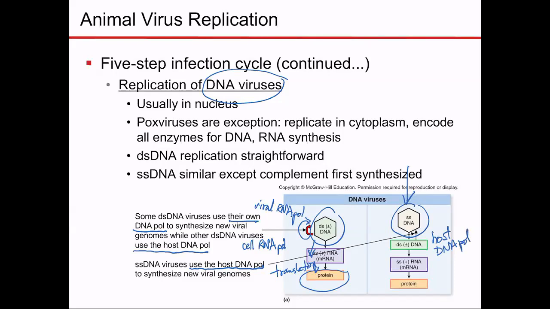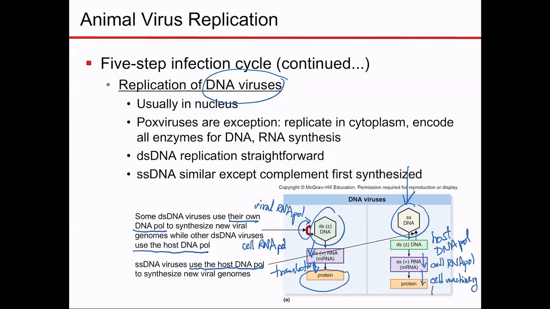And then, of course, the virus also will use the cell RNA polymerase to transcribe the viral messenger RNA. And at the end, it's going to use the cell machinery for translation to produce the viral protein.